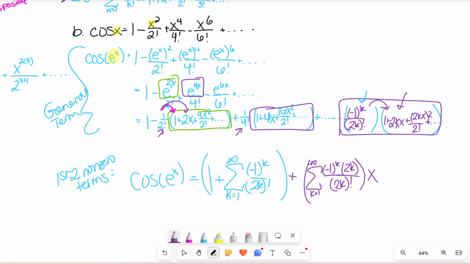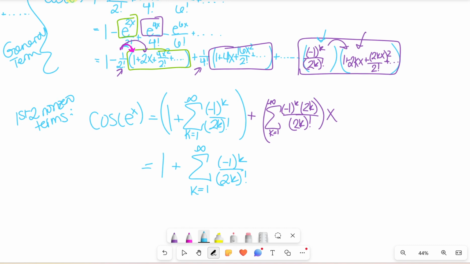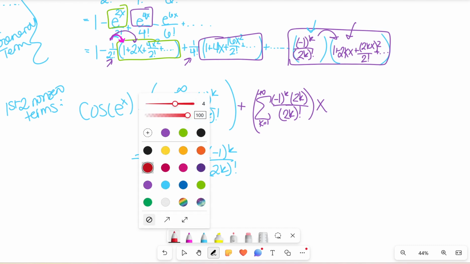All right, so now I'm just going to simplify a little bit more, and then I'll be all finished. So I'm going to have my 1 plus, this term I can't really do a whole lot with, so I'm just going to leave this as is. But this next term I can simplify quite a bit more. Just a reminder, whenever we have factorials, we can do some simplification.